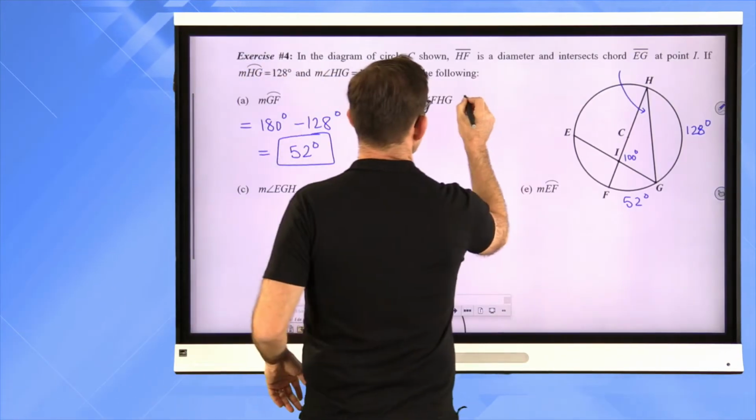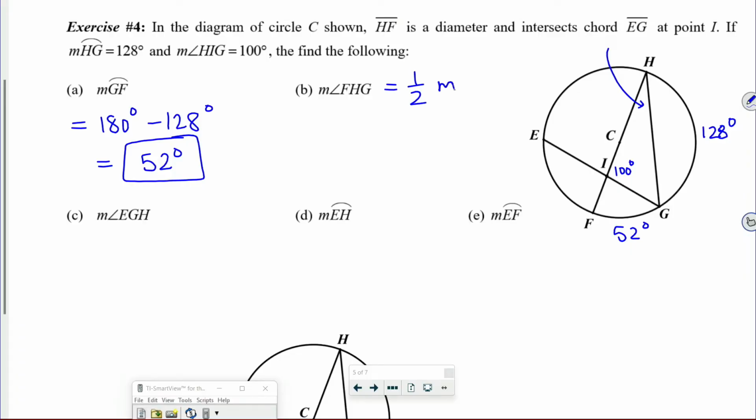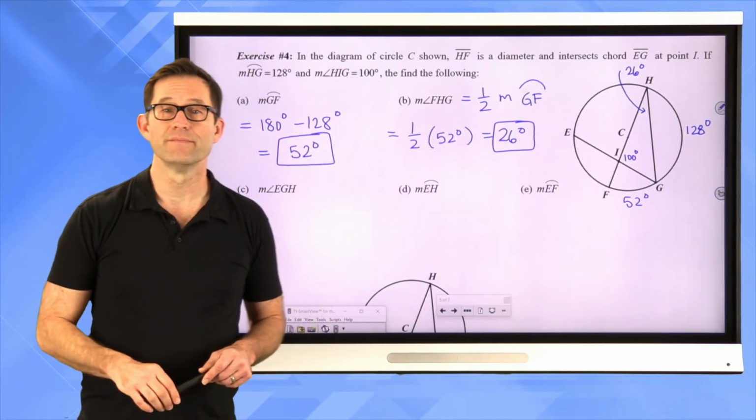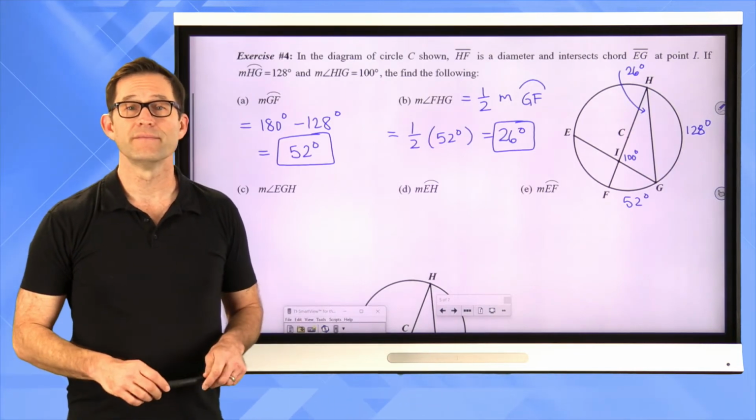So this is going to be 1/2 the measure of arc GF. So that's going to be 1/2 of 52 degrees, and that is 26 degrees. And I might as well write that in as well. We know that's 26.